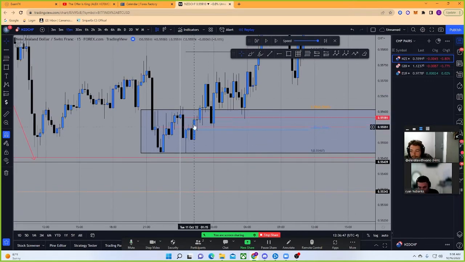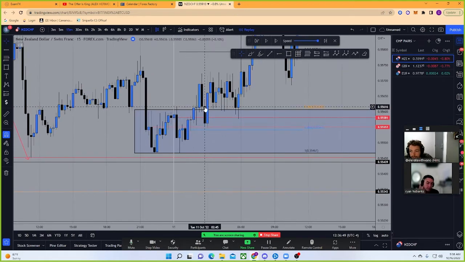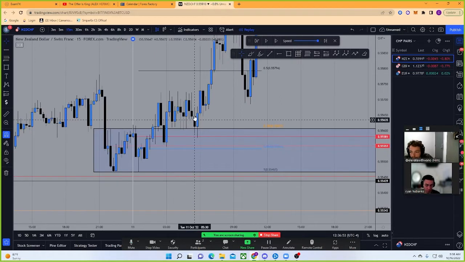And now this is also that last significant buy to sell candle, and this is also another last significant sell to buy candle, sorry about that, that you can get.